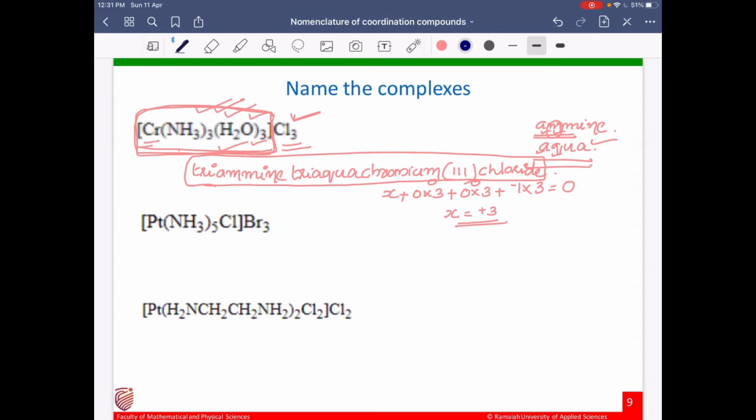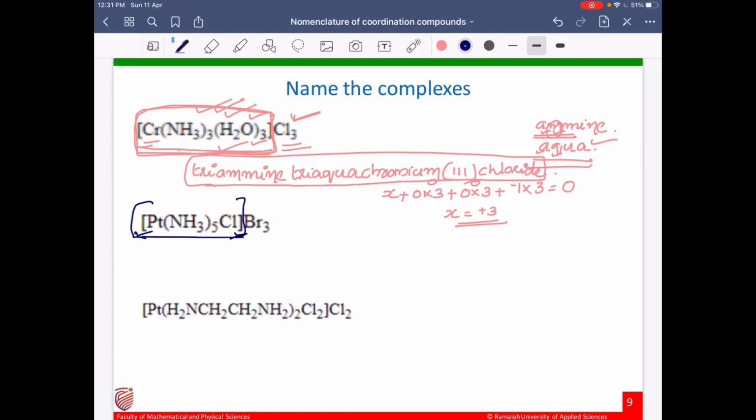[Pt(NH3)5Cl]Br3. First, we have to check whether the complex ion is a cation or an anion. It's a cation, because normally when we draw the formula, the cation we write first. The complex ion means the part in the bracket. That complex ion part is a cation, so we have to name it first. In that complex ion, we have to write the ligands first.